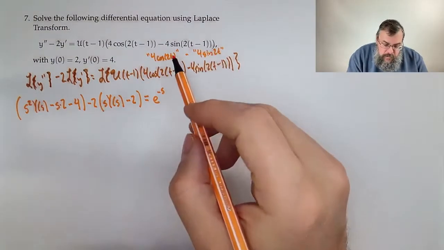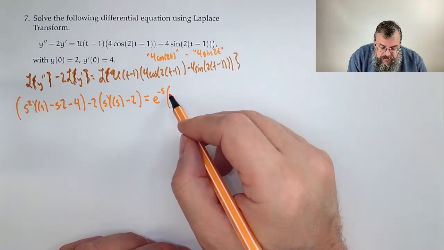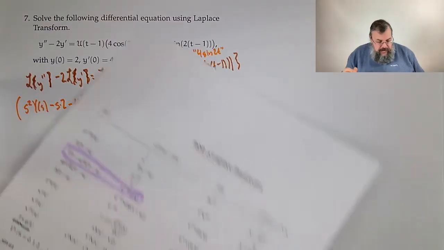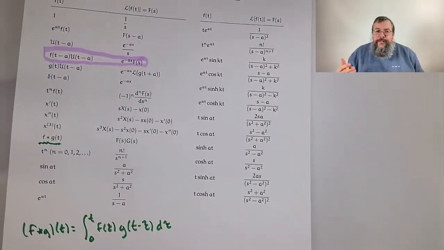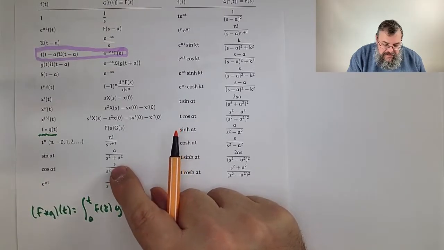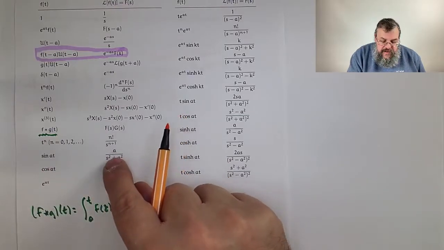So what happens when we take these transforms? We're going to have the 4 and cosine 2t. All right, back to our table. You might say, shouldn't we have this memorized? Yeah, someday. So s over s squared plus a squared, and for sine, it'd be a over s squared plus a squared.